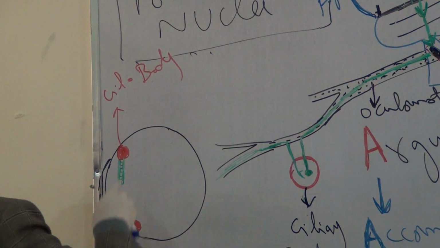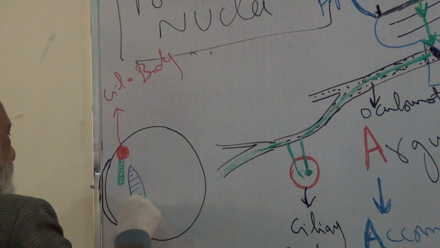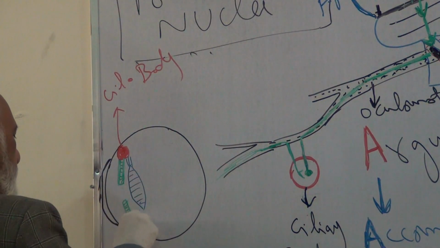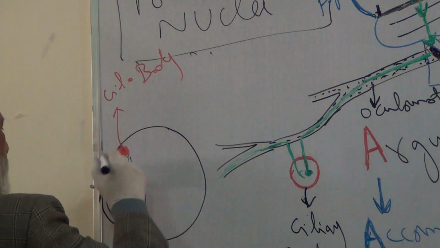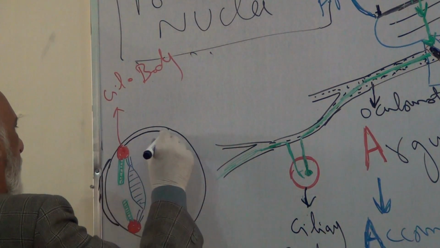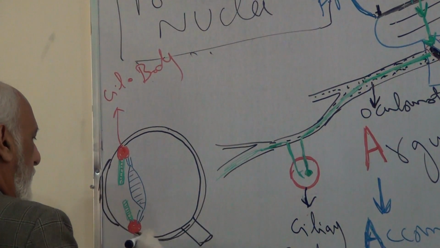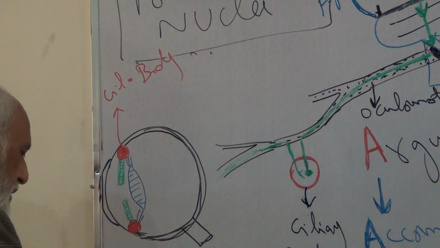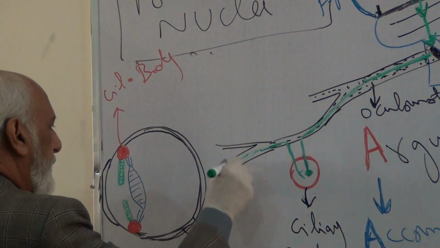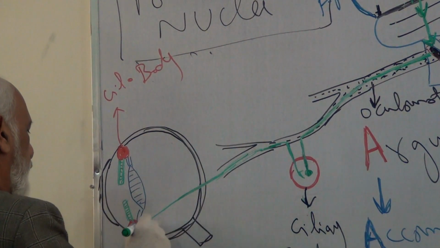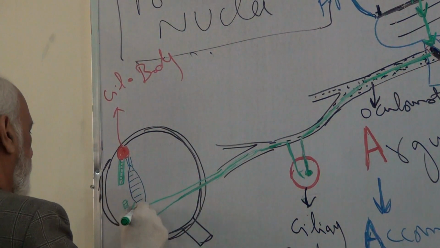And to the ciliary body, the lens is suspended by suspensory ligaments. Now these postganglionic parasympathetic fibers leave the short ciliary branches to supply the ciliaris muscle and the constrictor pupillae muscle of the iris.